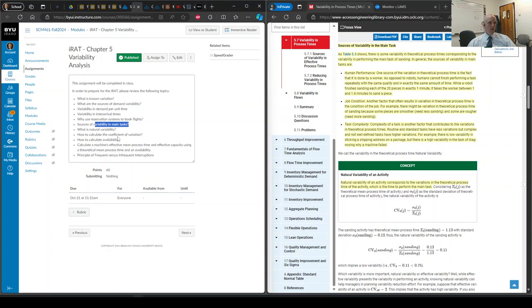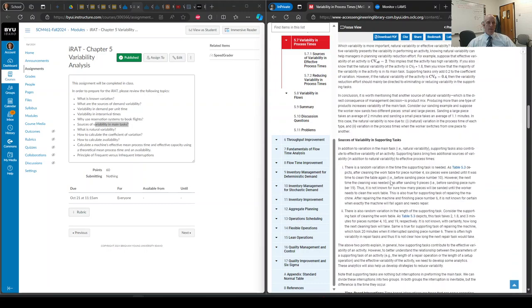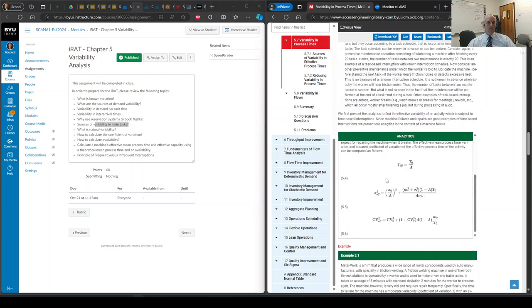How to calculate the coefficient of variation. This is also in this section. The CV is the coefficient of variation. It is the standard deviation divided by the mean. We see that from a theoretical perspective. This is the theoretical main process time. And we also see that from an effective perspective.